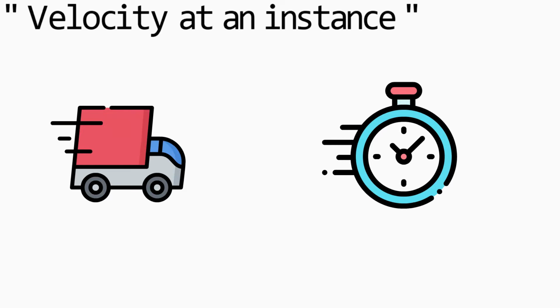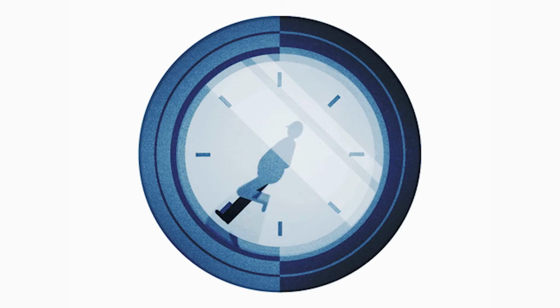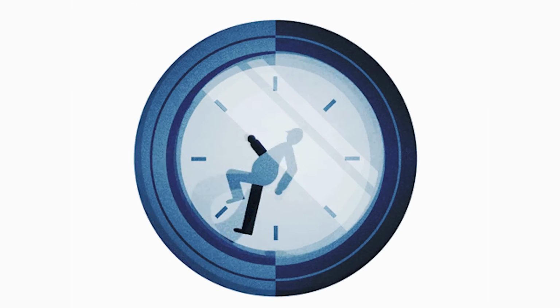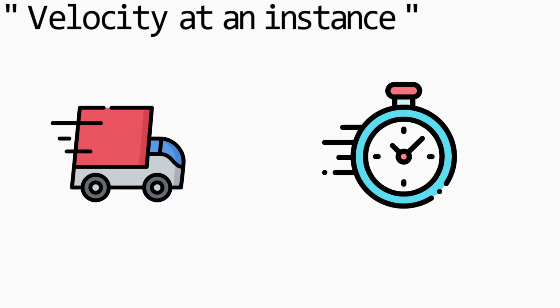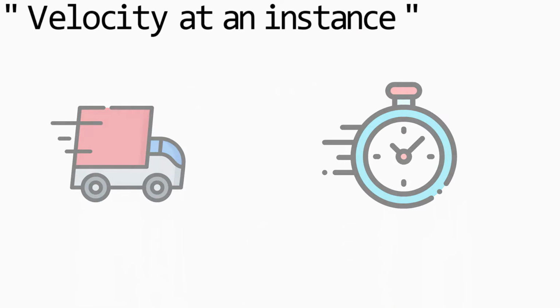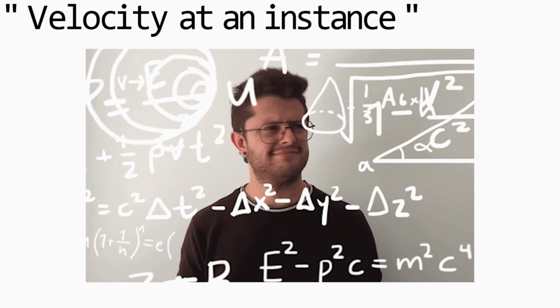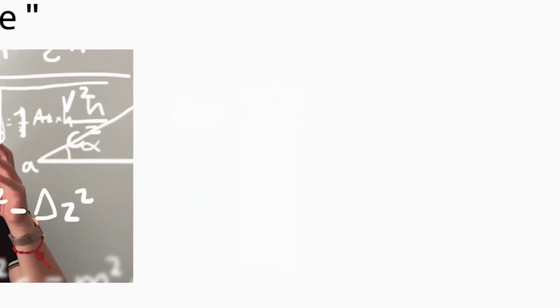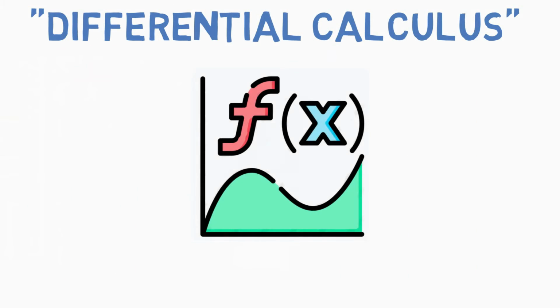When someone says velocity, they generally mean the movement of an object with some difference in time. But this phrase, velocity at an instant, seems so absurd that it feels like it's been created to confuse people. And this is where calculus lets us know how helpful it can be.